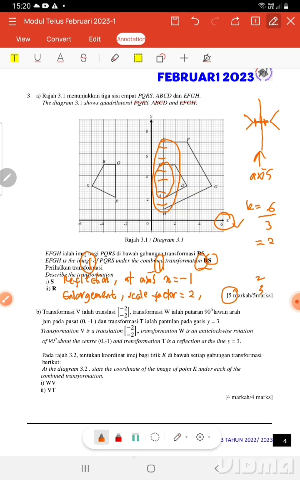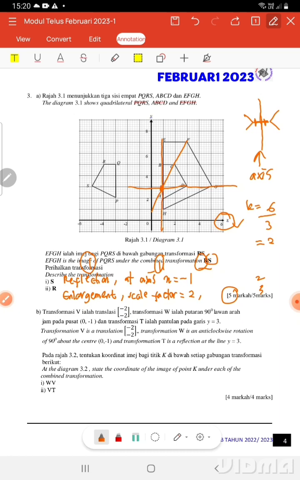And then one more, your center. How to find the center? Just connect. Your D will go to G, so draw one line here. Your C will go to F, so connect F with C. B goes to E, so another line, and A goes to H, so another line.